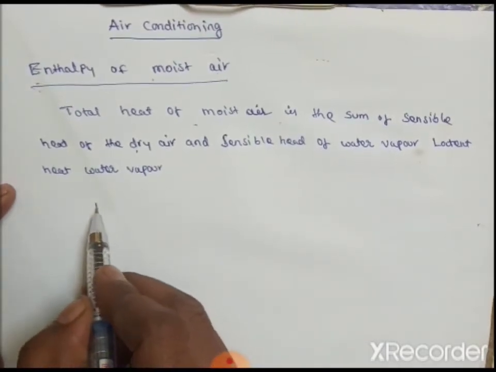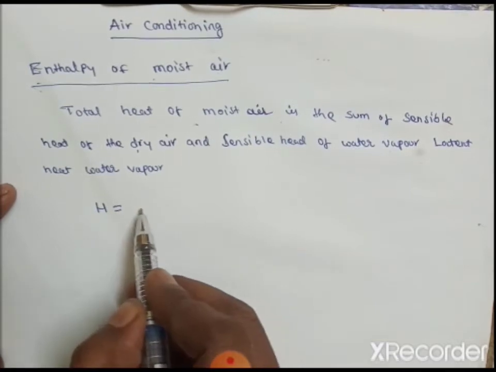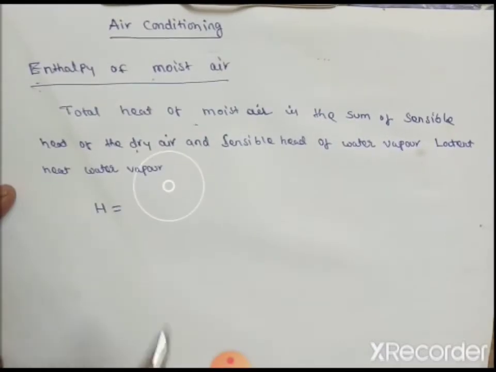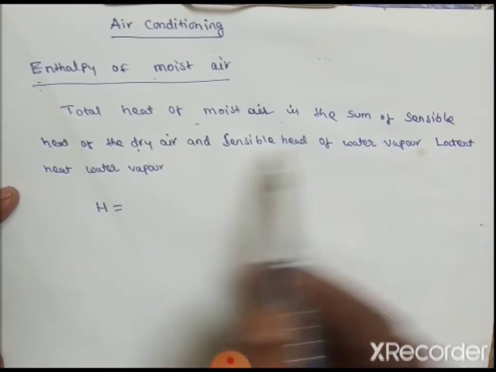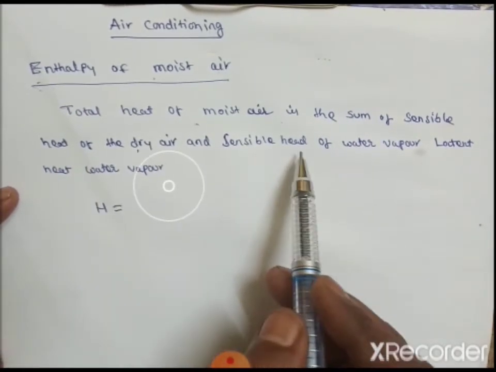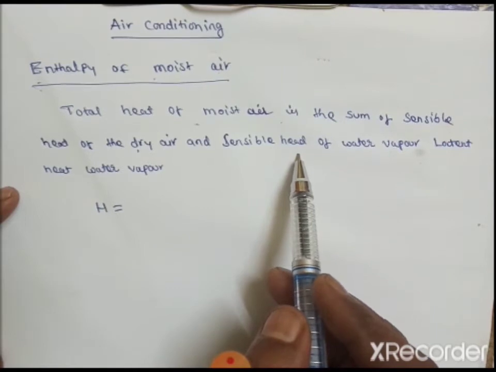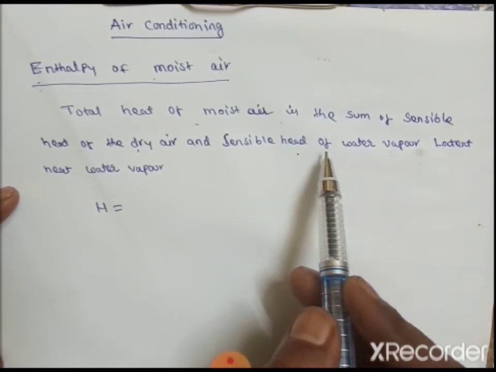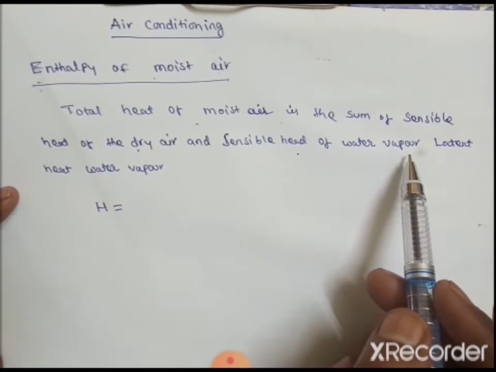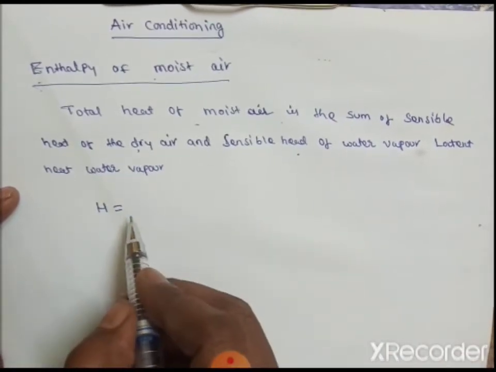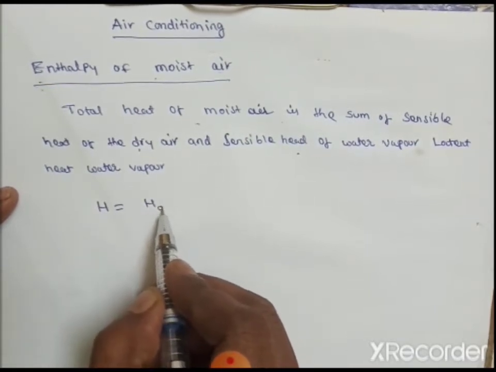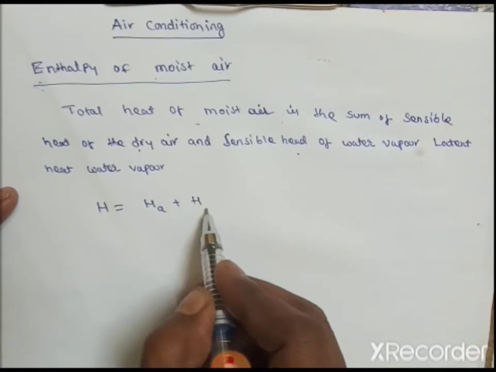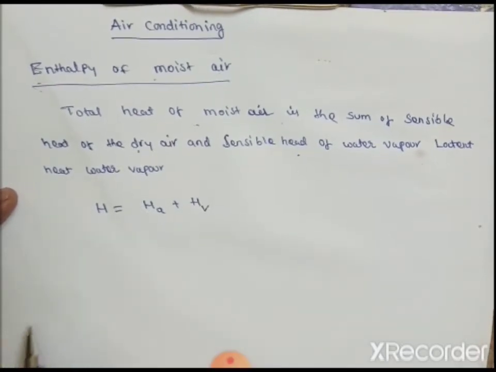So H is equal to the sum of the sensible heat of dry air, and the sensible heat of water vapor and latent heat. So that is equal to H of dry air and H of water vapor.